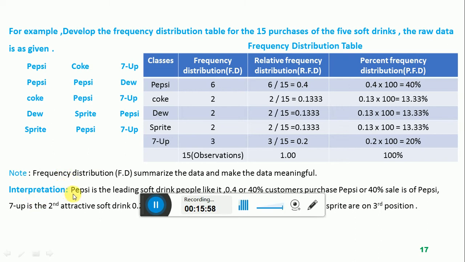Interpretation: what does this frequency distribution table mean? What can we say in words about it?